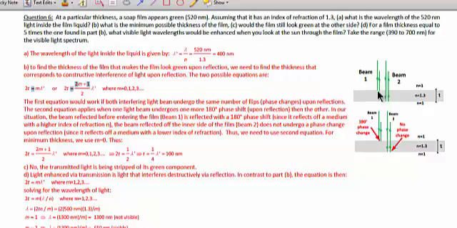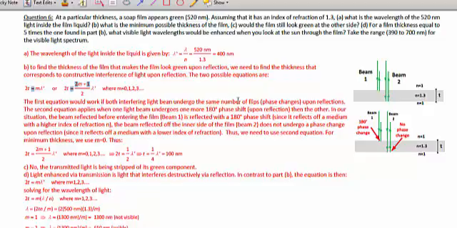The reflected beam here is going from fast to slow, so it undergoes a phase shift of 180 degrees. Beam 2, on the other hand, where it is reflected is here, and there it is going from water into air. So it's going from a slow medium into a fast medium. So beam 2 does not undergo a phase shift.